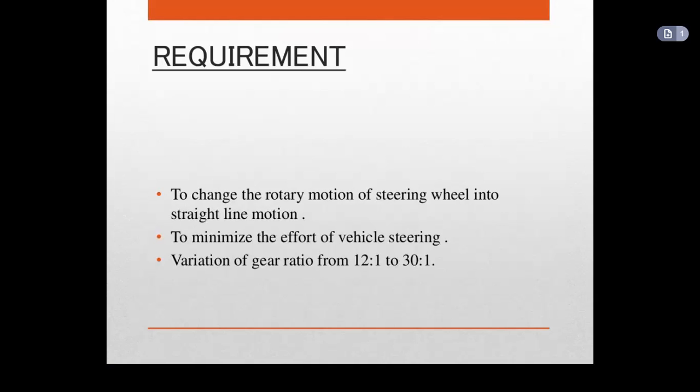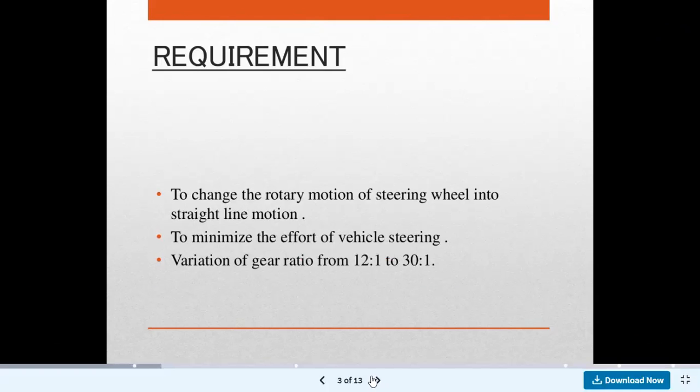It also minimizes the effort of vehicle steering, with a variation of gear ratio from 12:1 to 30:1. So a large range is available for the gear ratio, from 12:1 to 30:1.